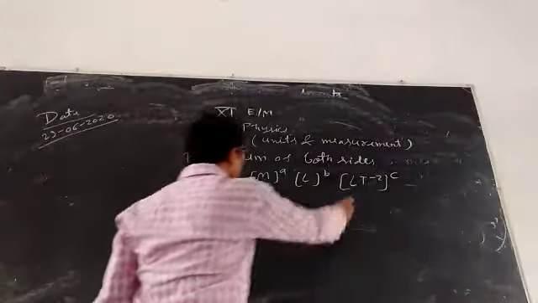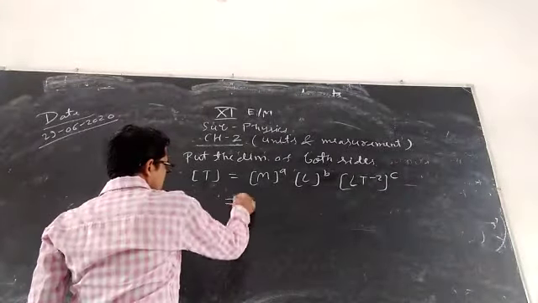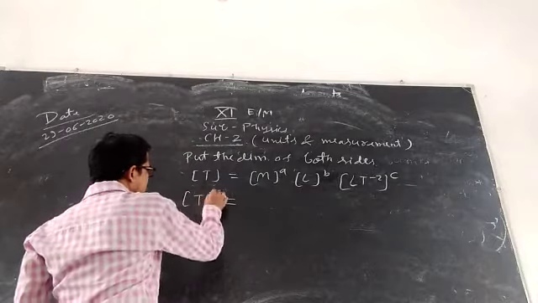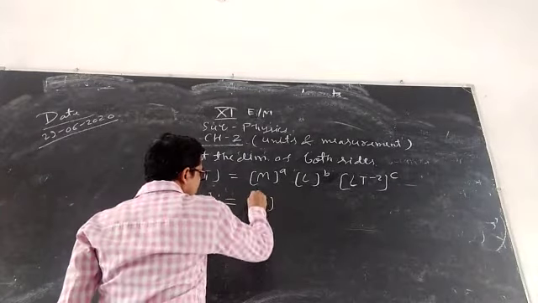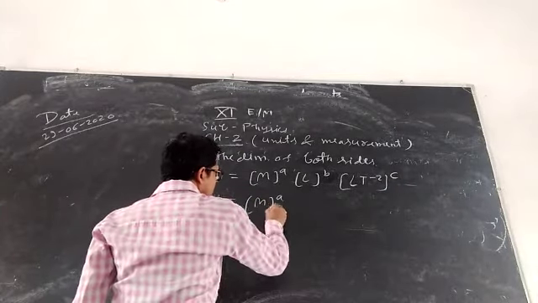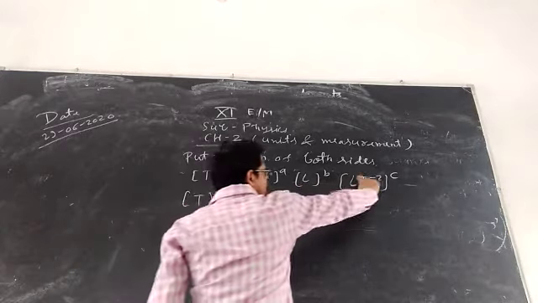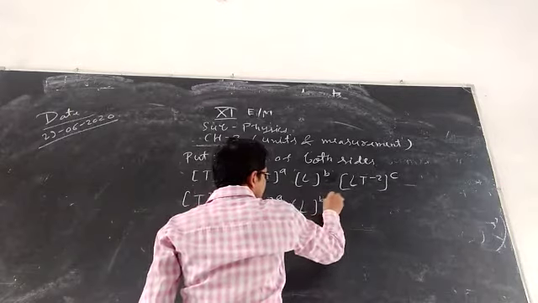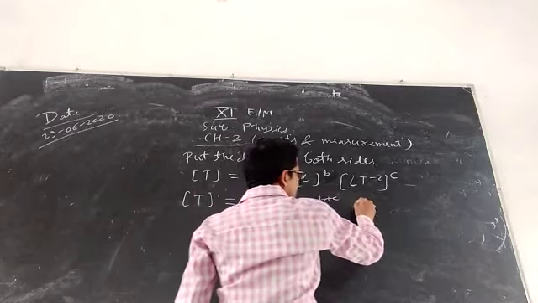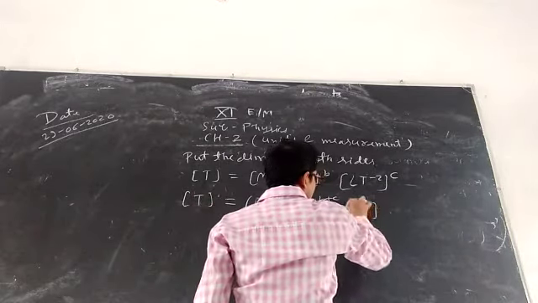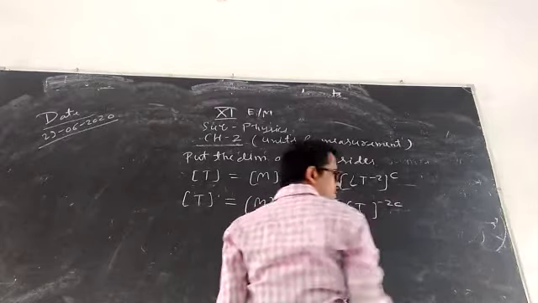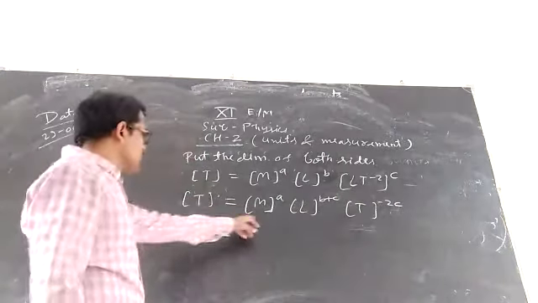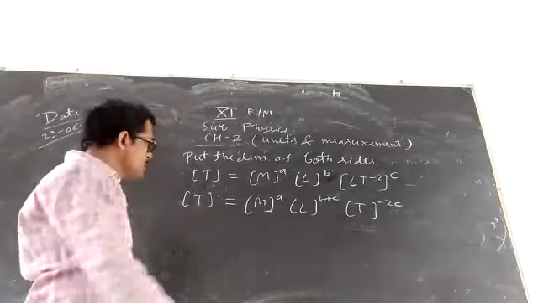So you will get T equals M to power a, L to power b plus c, and T to power minus 2c. These are the dimension powers on both sides.